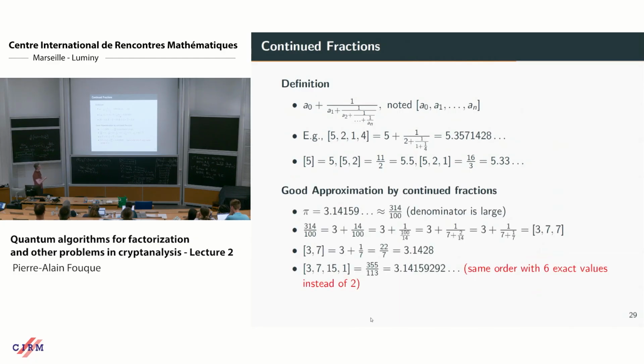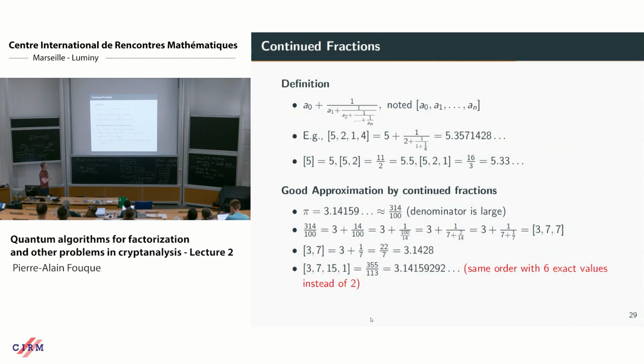Okay, so if you want to have a good approximation of pi, for instance, so one idea is to write this as follows. So if you want to have the first two digits, you can write it as 314 divided by 100. Okay, but here, in fact, you see that the denominator is very large, is of order 100.